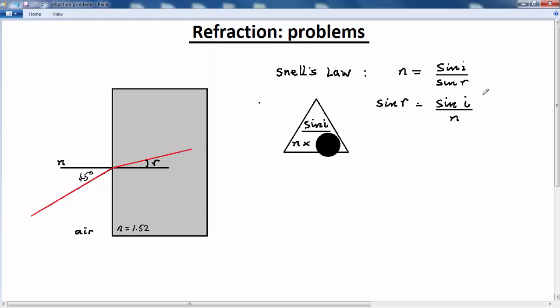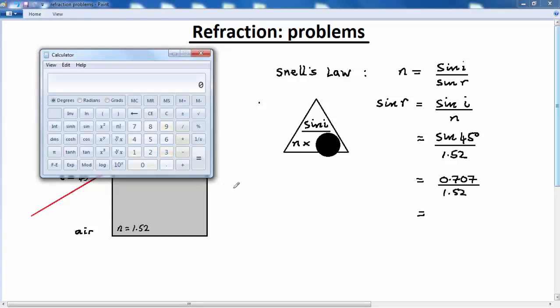And so all we have to do now is slot the values into the equation. So we have the angle of incidence, i, is equal to 45 degrees. So we have sine of 45 degrees divided by 1.52, which gives us 0.707 divided by 1.52.